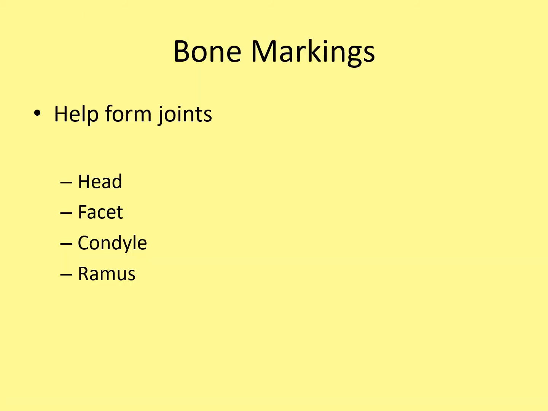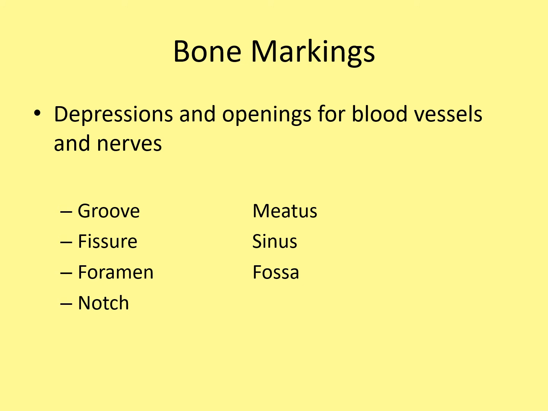Other types of bone markings are used to help form joints, such as the rounded head of, say, the femur, how it's going to fit into the joint, or maybe the facet. And then other bone markings may be depressions that allow for the blood vessels and the nerves that are feeding that bone, supplying it with nutrients and nerve supply, to fit into place or to be able to pass through.